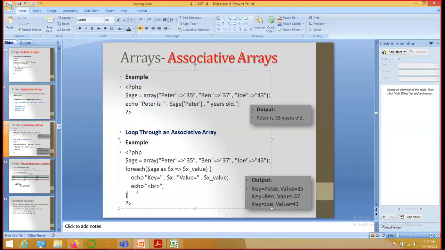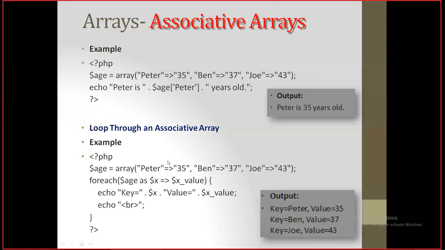Similarly, if we want to loop through the associative arrays, no different way, but one change is that you will observe here we have created the same array, and we are now accessing each element of this array. Simply because the element residing in this array is a key value pair, we have to deal with it somewhat differently.